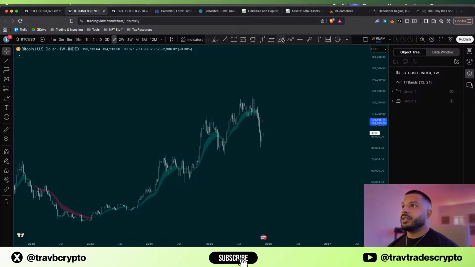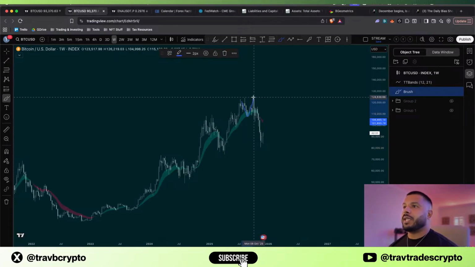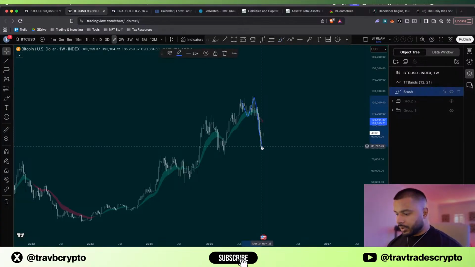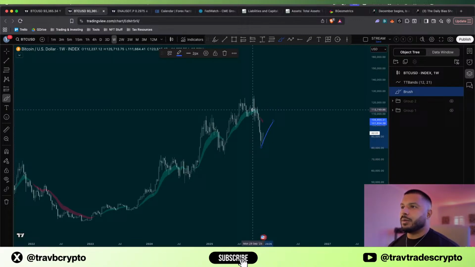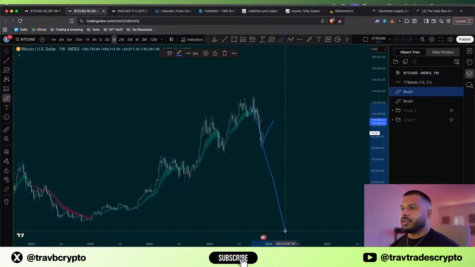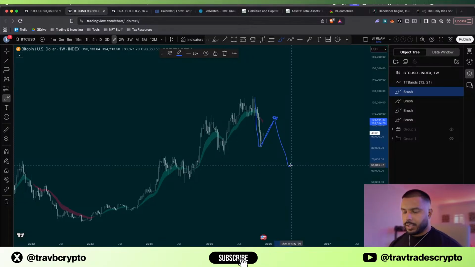So considering the market structure's already turned over weekly bearish, now our next logical expectation, based purely on structure, is price needs to come up, because price action doesn't just move straight down like this, right? It needs to come up to create its next lower high, okay, and then move to its next lower low.